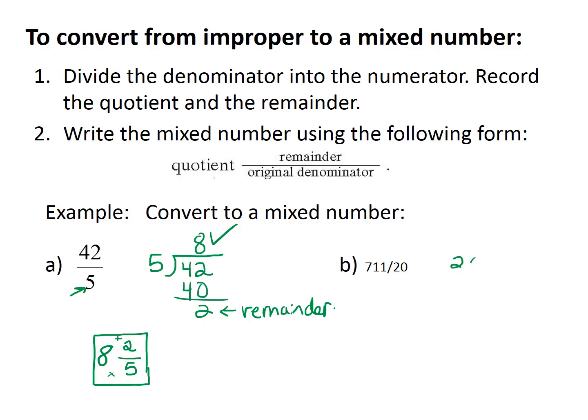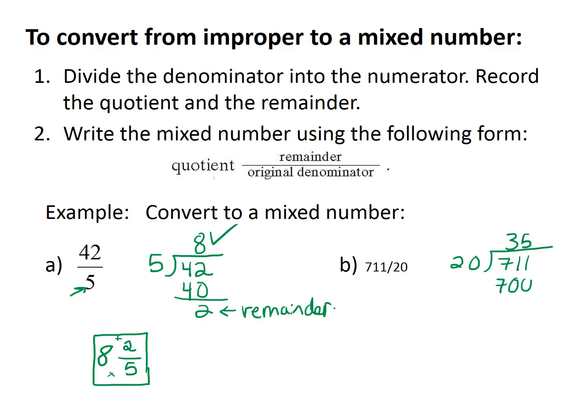711 divided by 20. 20 into 711. So that's going to be 30 something. If you divide it in the calculator, 711 divided by 20, you'll get 35.55. So you know it goes in 35 times evenly, and 35 times 20 is 700, right?